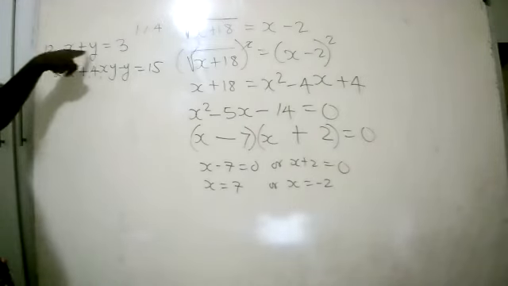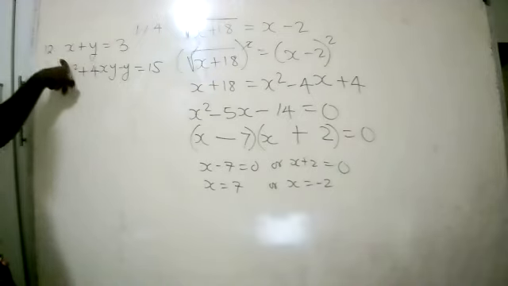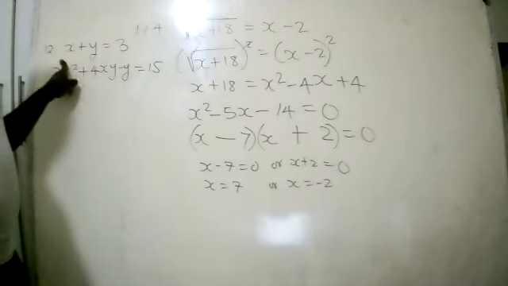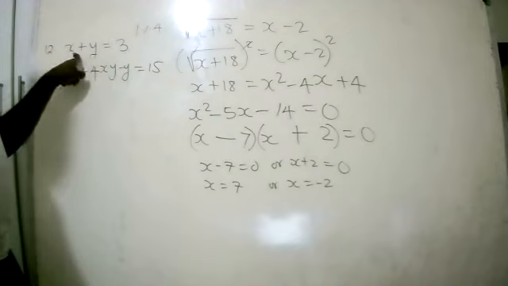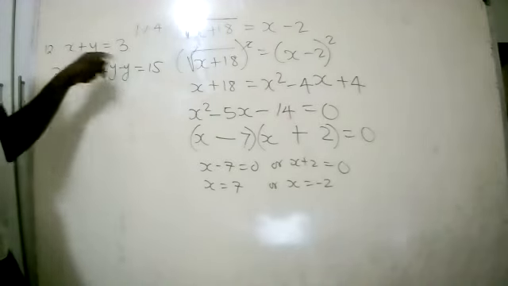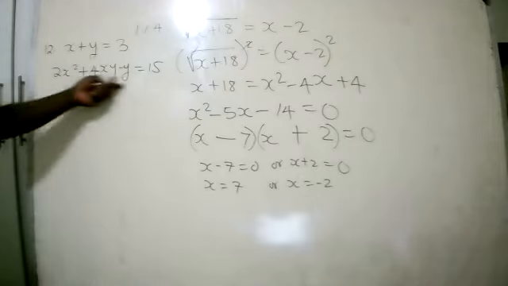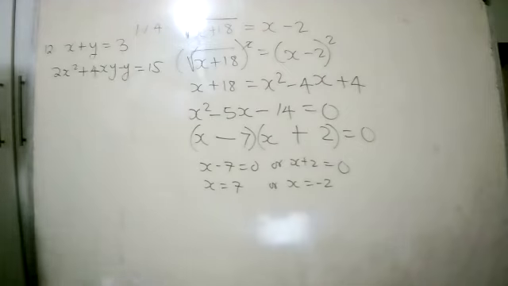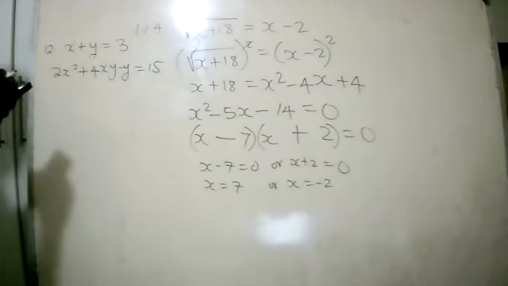Then you must make one of these variables the subject of the formula. You choose the one which, when you make it the subject, you don't have a fraction. Fortunately, in this case, you can choose whichever. If you choose x as the subject, you are not going to have a fraction. If you choose y, you are not going to have a fraction. Therefore, this question is not a problem. It's very simple to deal with. Otherwise, the complicated part can be to simplify that. Otherwise, it's a very simple question.